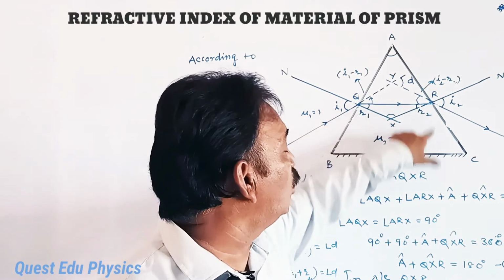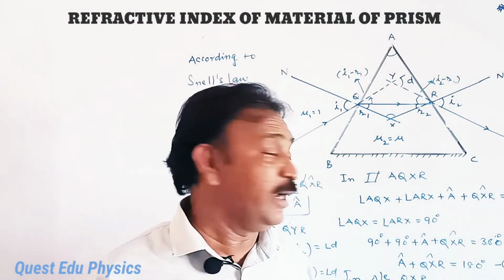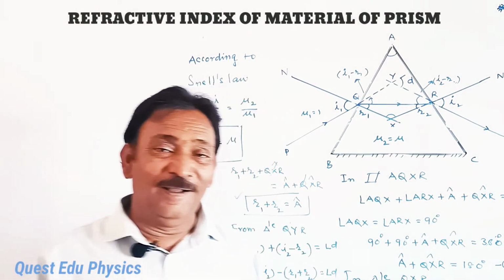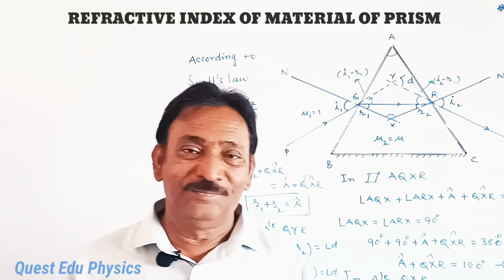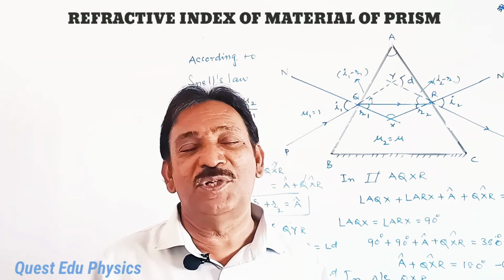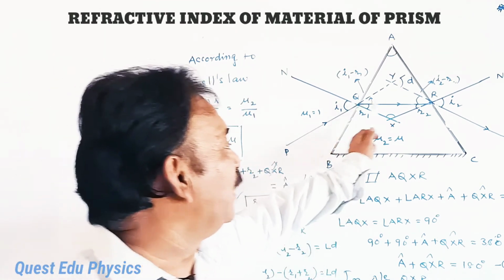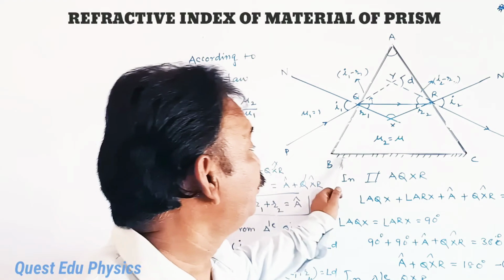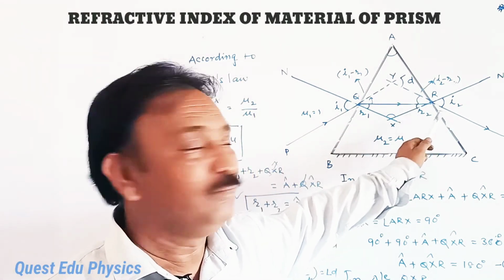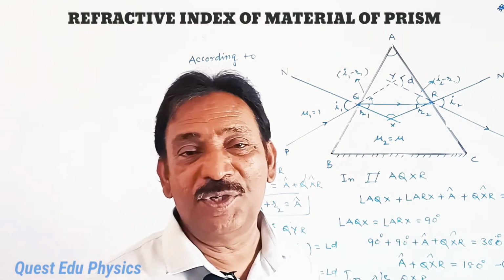They almost look parallel to each other. If the refracted ray and the base of the prism are parallel to each other, the prism is said to be at the least deviation position, students. Remember my words.